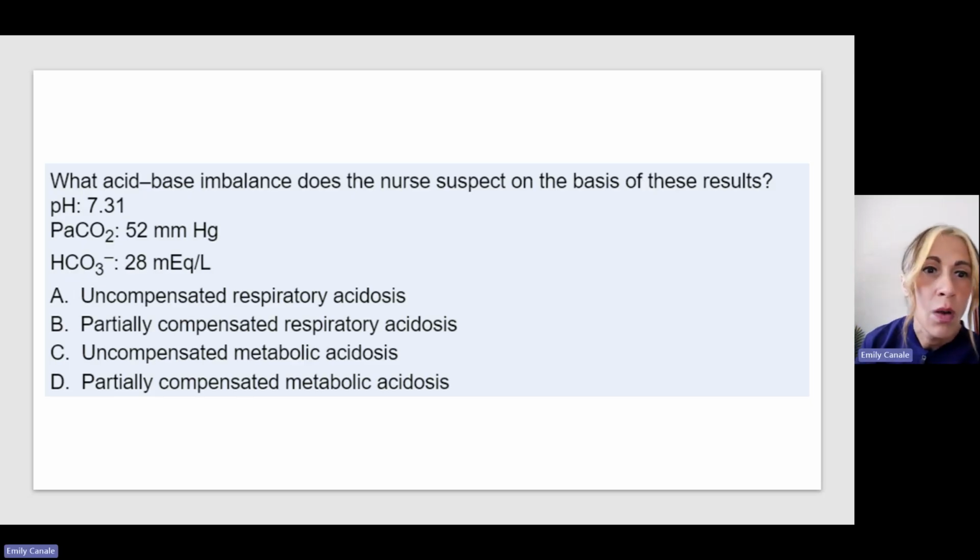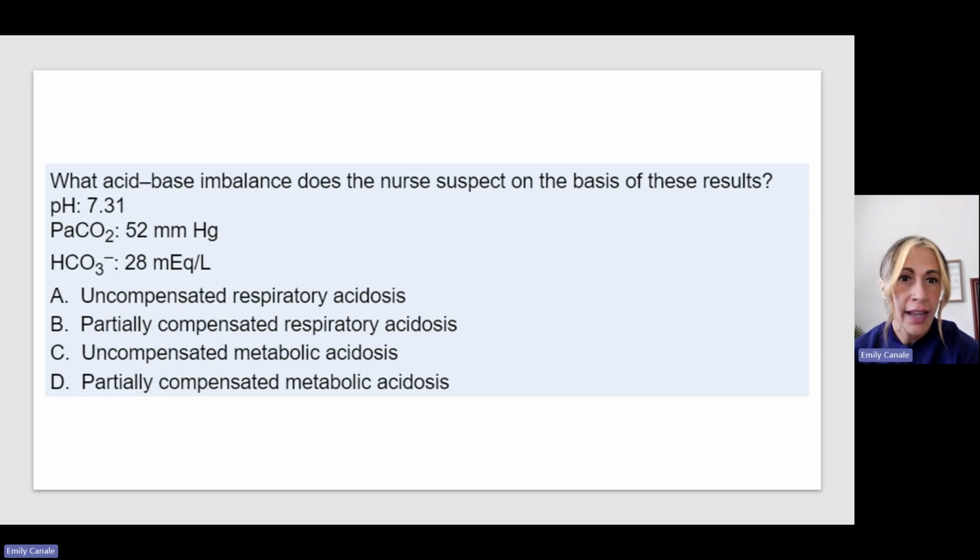What about this one? What acid-base imbalance does the nurse suspect on the basis of these results? Your pH is 7.31, CO2 is 52, and your HCO3 is 28. So my first step would be to look at my pH. Is it normal or is it not? It's not, so we know that it's not compensated, right? And it is acidic. It's low.